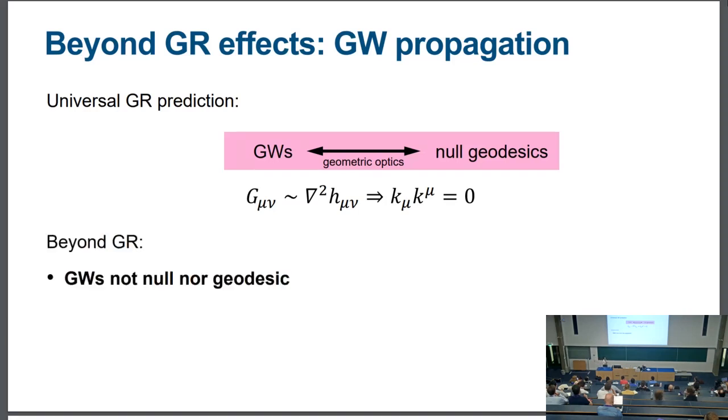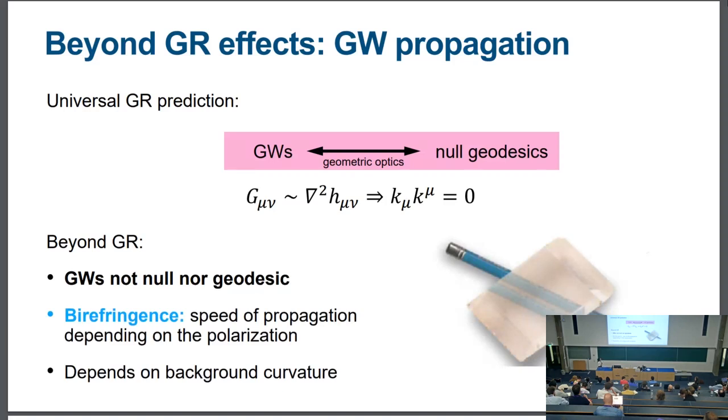However, in beyond GR physics, gravitational waves are not null, nor are they geodesic. The reason is that now this right-hand side is no longer 0. In fact, it will depend on the higher order couplings, curvature invariants, and so on. And then you may also run into birefringence.